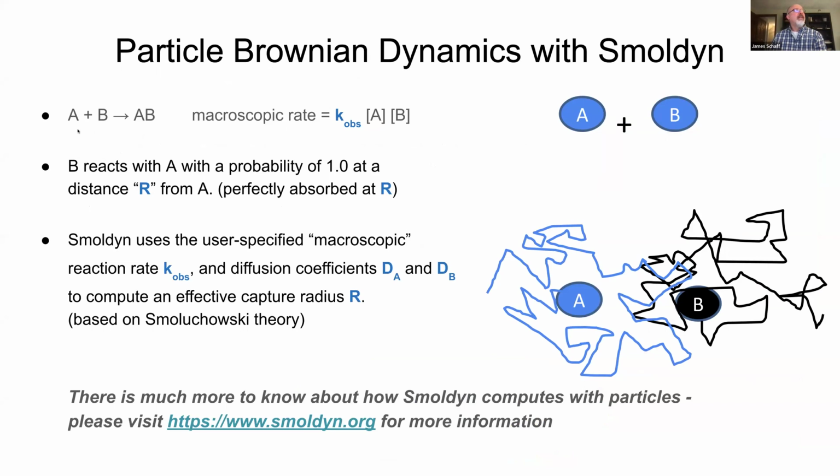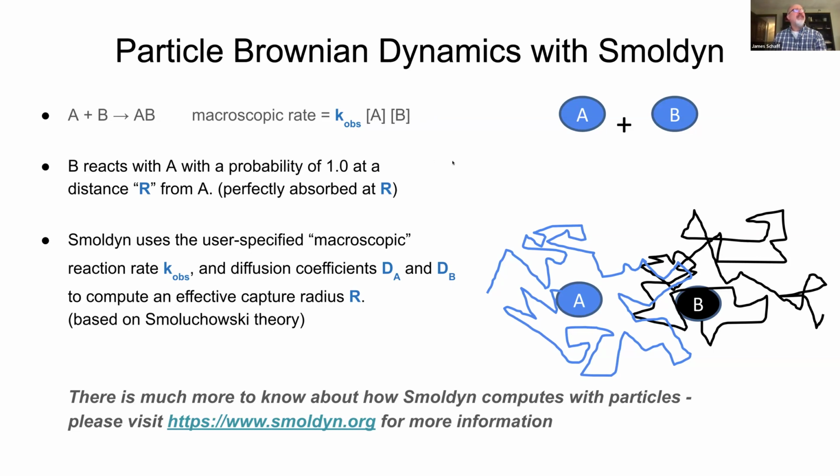And when we're looking at chemistry, say a bimolecular reaction, A plus B goes to some complex AB, normally we describe it with some macroscopically observable reaction rate, like K observed, and do sort of solution kinetics. So it would be proportional to the concentration of A and the concentration of B and some kinetic constant.